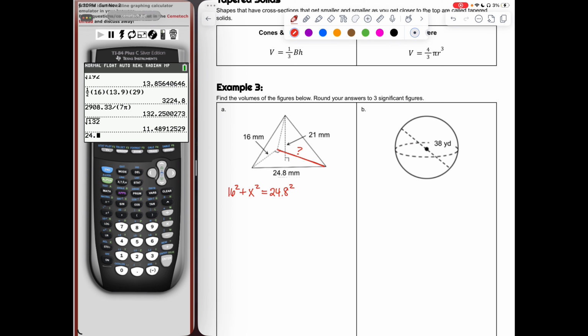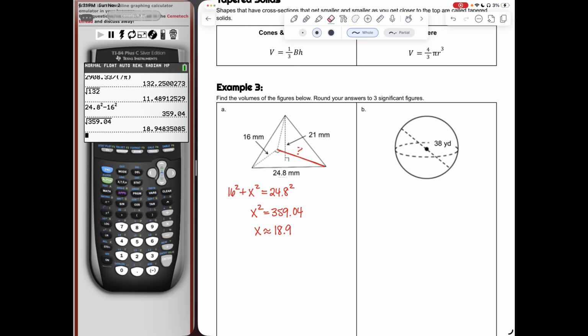I'm going to subtract 16 squared from 24.8 squared, which gives me 359.04. Then I take the square root of it, and that gives me x is approximately 18.9. I'm going to write on my picture that this is 18.9 millimeters.